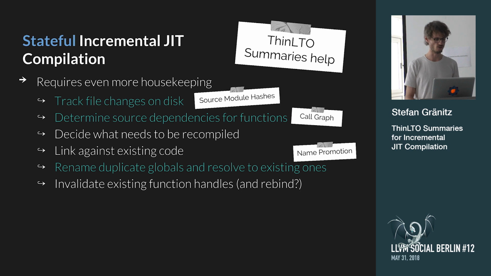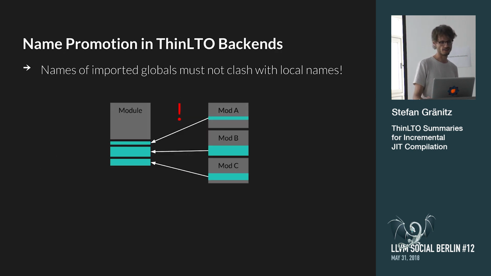This is very, very useful in our case. Name promotion handles the situation where we import from other modules and we need to see if the imported code has a global variable that conflicts with something that we have in our module code already.